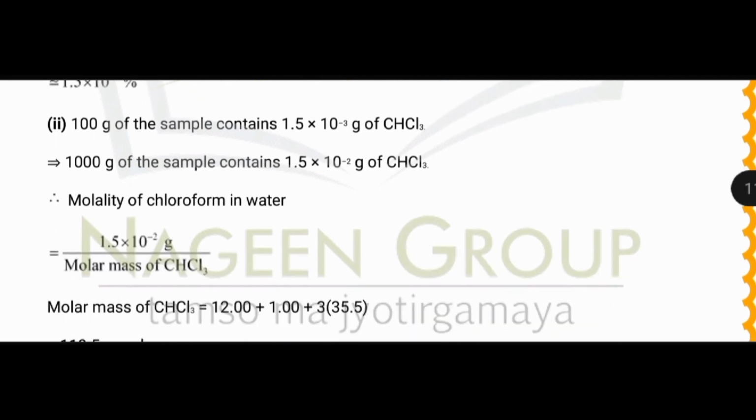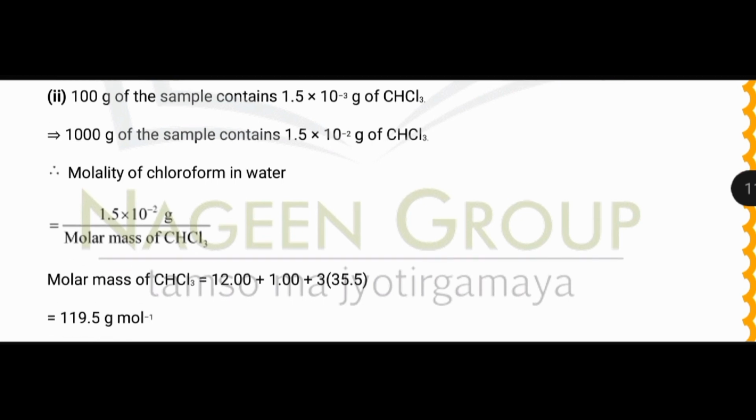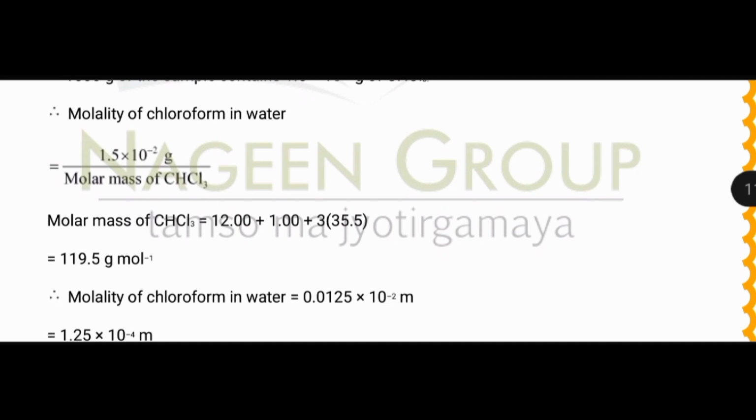So how can you calculate it? Firstly you have to know the number of moles, that is given weight 1.5 into 10 to the power minus 2 divided by molar mass. How do we find that? Carbon plus hydrogen plus 3 into chlorine, and it comes out to be 119.5. Clear?